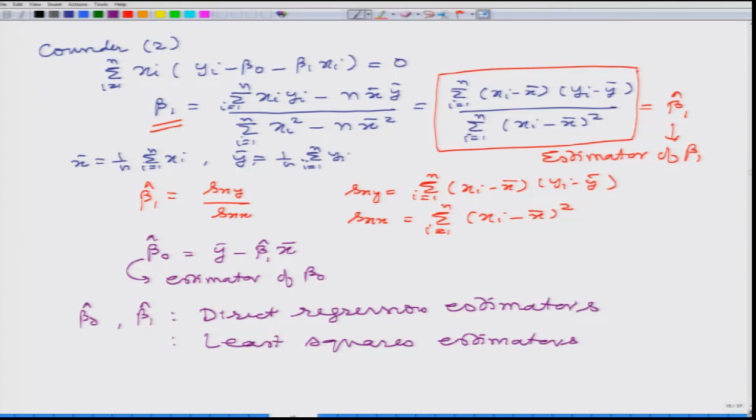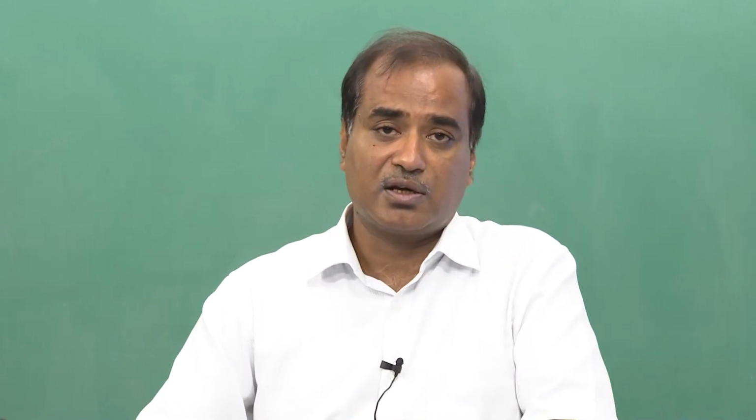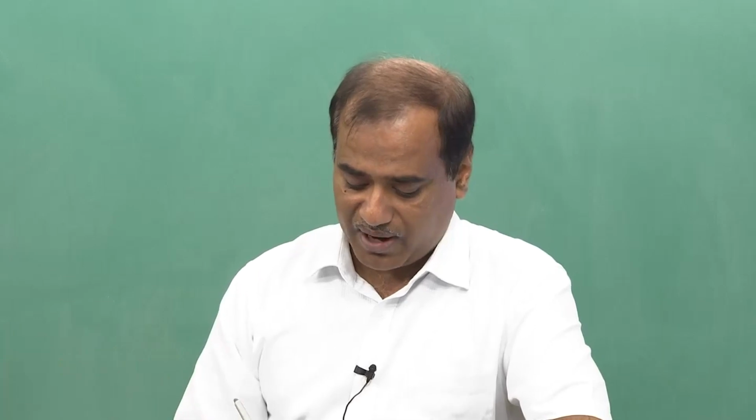Well, we have obtained this, but we do not know whether the values beta 0 hat and beta 1 hat are really minimizing my random errors or maximizing them. For that, we have to check the second order condition.